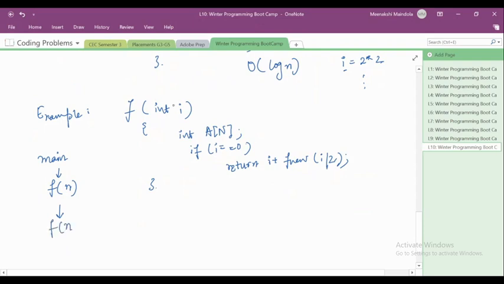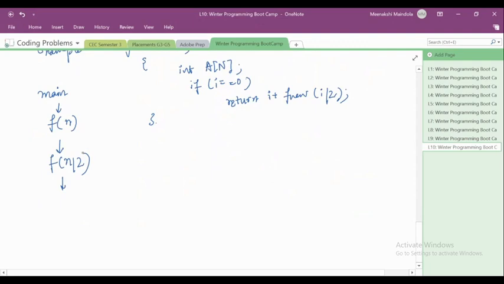The value of I here is n, so n by 2. The next thing it is going to call is f of n by 4, and so on like this. So you see here the time complexity also comes out to be order of log n.